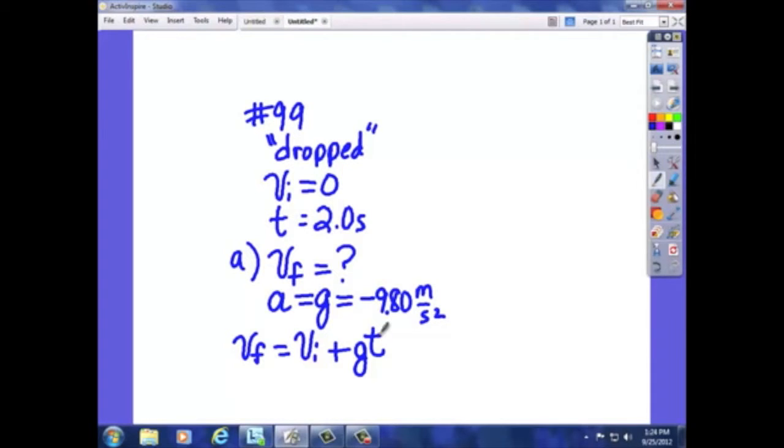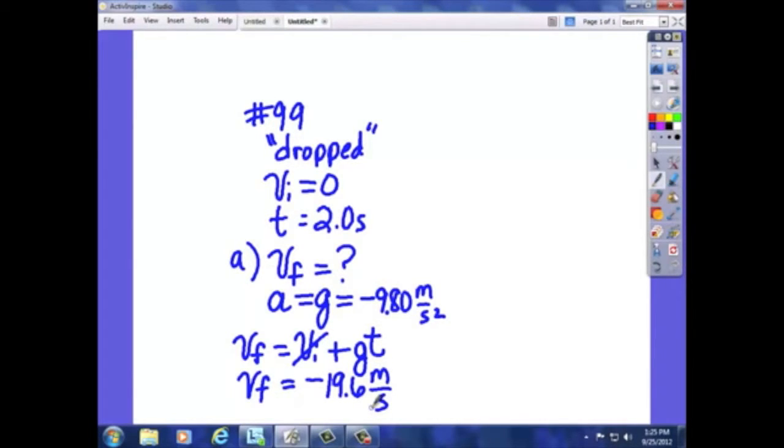I recognize that, again, it was dropped from rest, so that 0 initial velocity doesn't need to be put in. But I'm going to put in my acceleration due to gravity, downward, negative 9.80 meters per second squared times the time, which is 2 seconds. And I'm going to have a final velocity of negative 19.6 meters per second on my calculator.